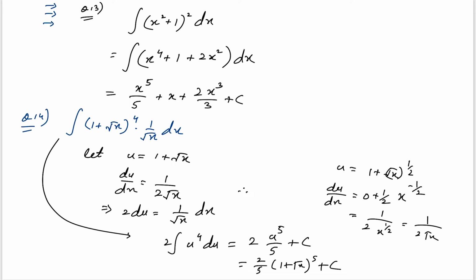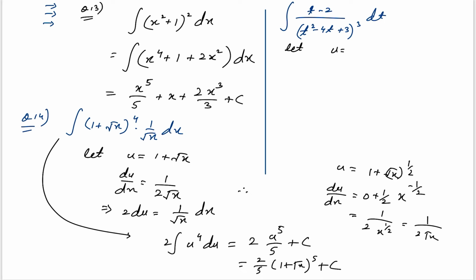Let's do another question using integration by substitution. Like if the question is the integration of t minus 2 divided by t square minus 4t plus 3 whole cube dt. So let u be equal to t square minus 4t plus 3, right?